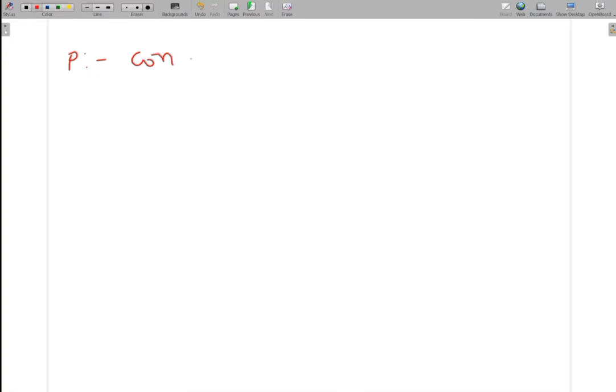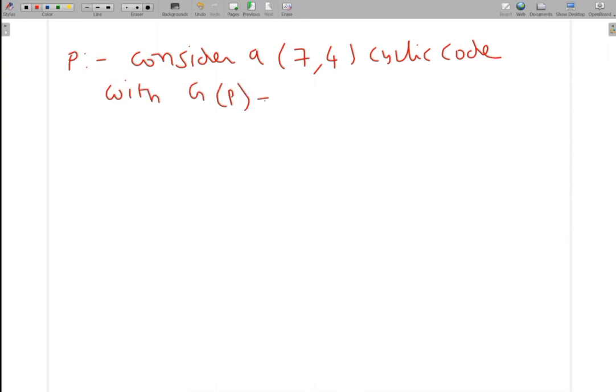Consider a (7,4) cyclic code with generator polynomial G(p) equal to p cubed plus p plus 1.